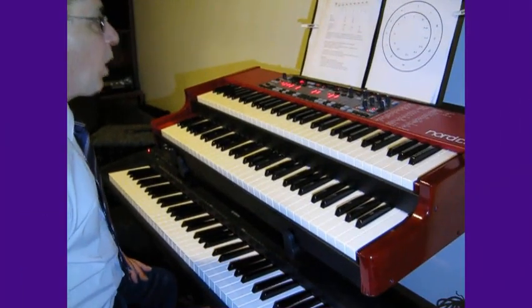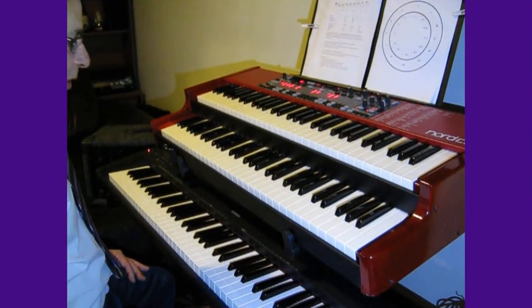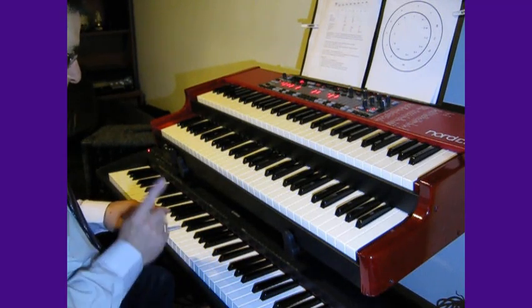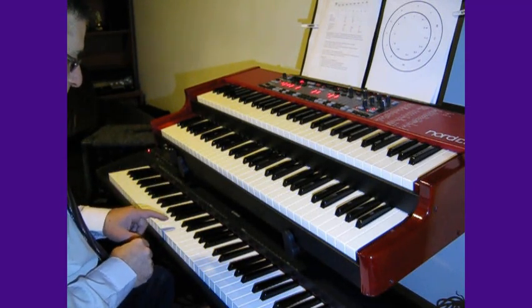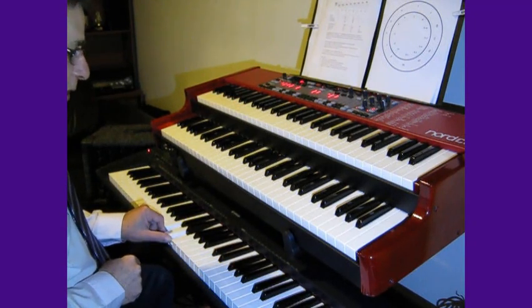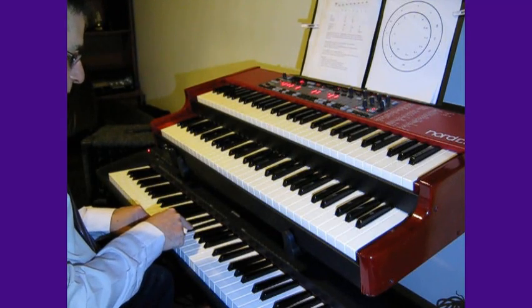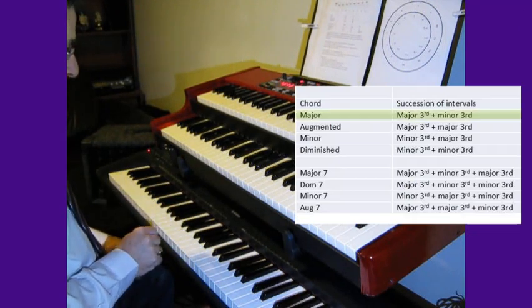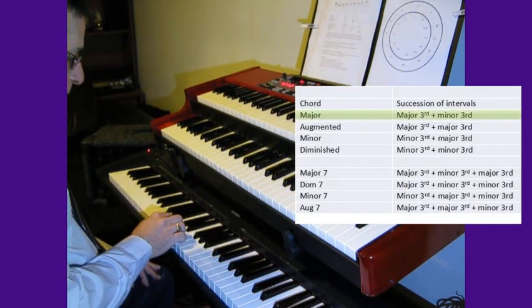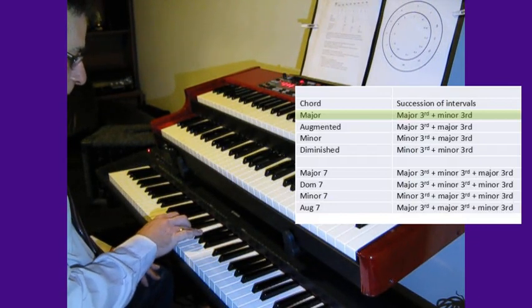In a previous video we looked at how chords are built, and we said they're made up of thirds. There's the major third, which consists of 4 semitones, and the minor third consists of only 3 semitones. So a major triad is built up of a major third, and then a minor third on top.